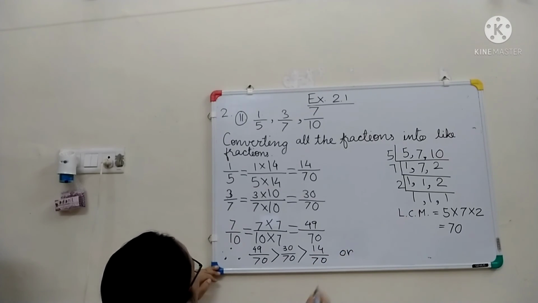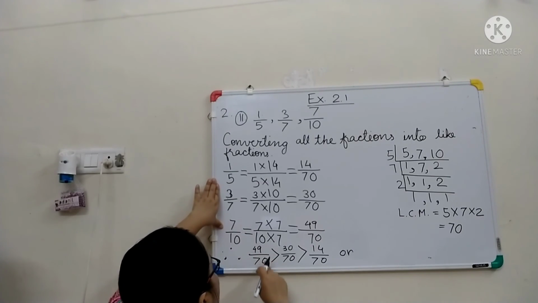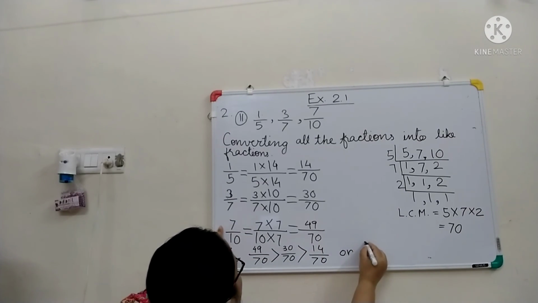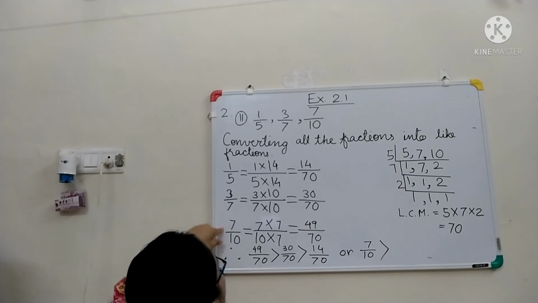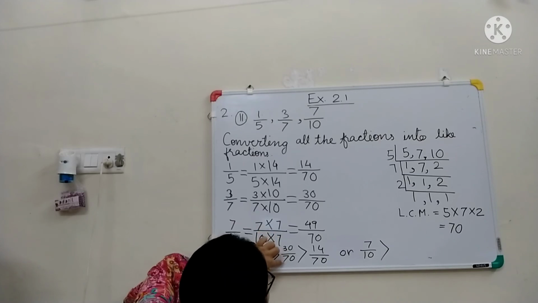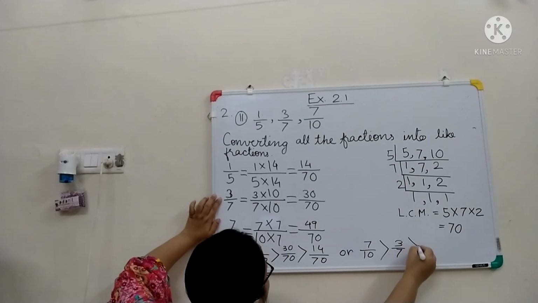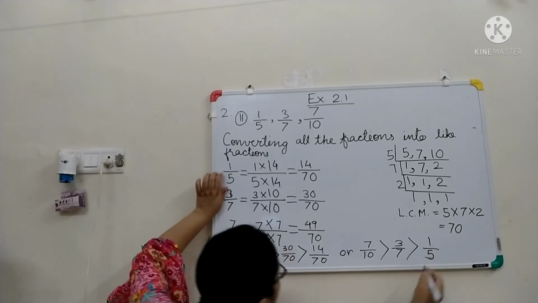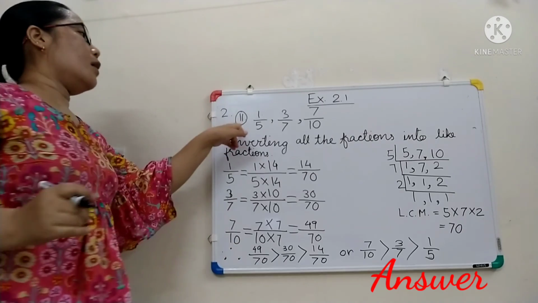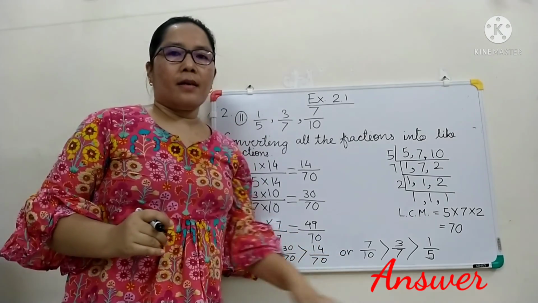Or we can write their original values: 49 upon 70 is 7 upon 10, greater than 30 upon 70 which is 3 upon 7, and the last one is 1 upon 5. So according to the question, we have arranged all these fractions in descending order.